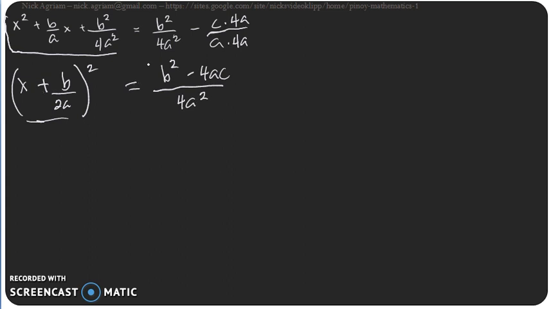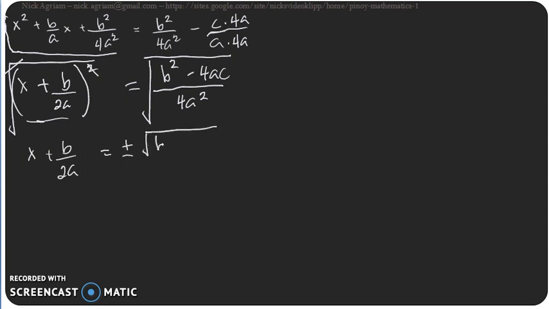And then, completing the square says that we can extract the square root of both sides of the equation. Then we have x plus b divided by 2a is equal to plus or minus the square root of b squared minus 4ac.